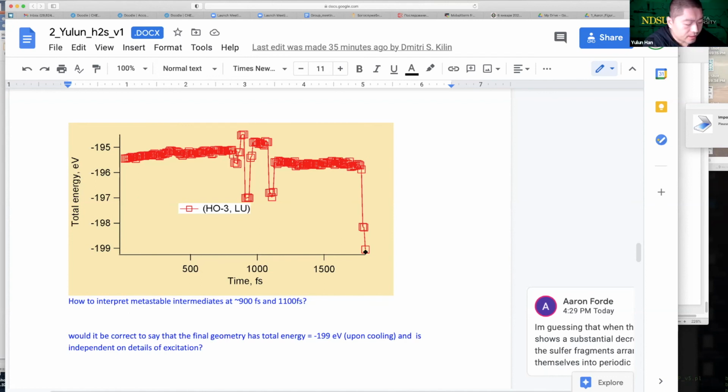I guess I need to double check, but I guess they're pretty similar. So basically, you just have some independent sulfur atoms, and then they connect with each other through some hydrogen.